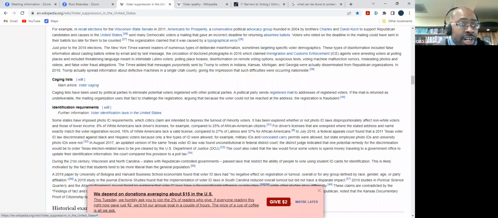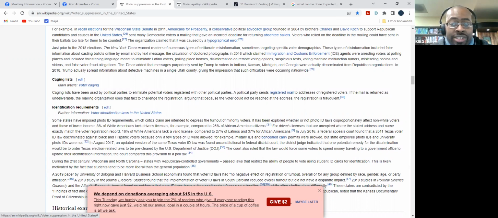So we have what is called voter caging, or caging lists. So what is that? Caging lists have been used by political parties to eliminate potential voters registered with other political parties. A political party sends registered mail to addresses of registered voters.